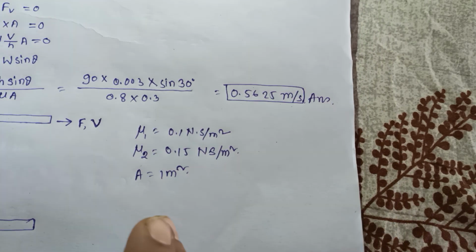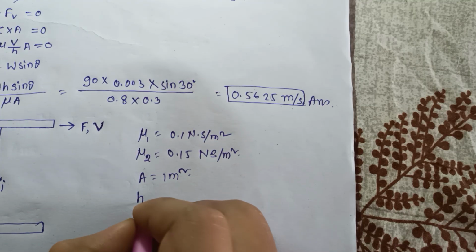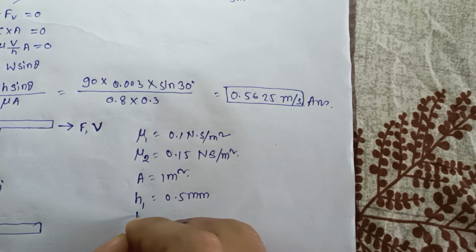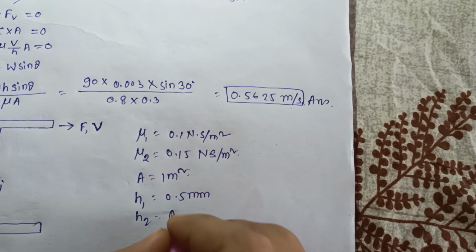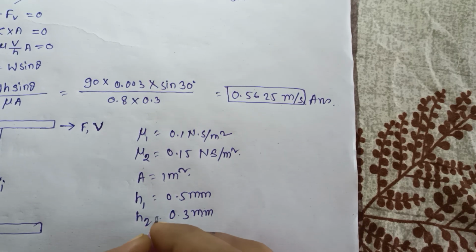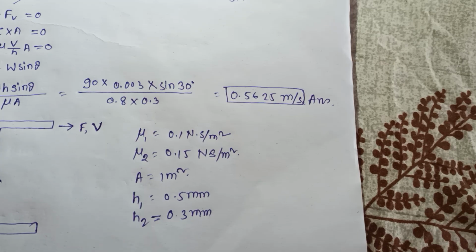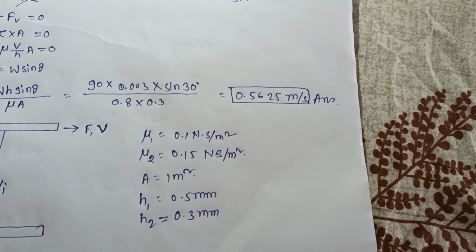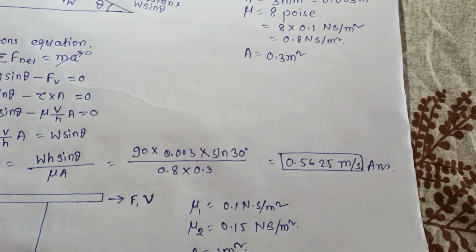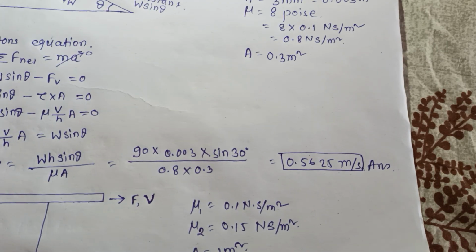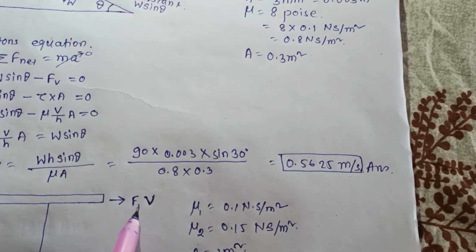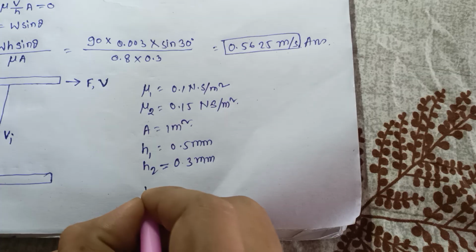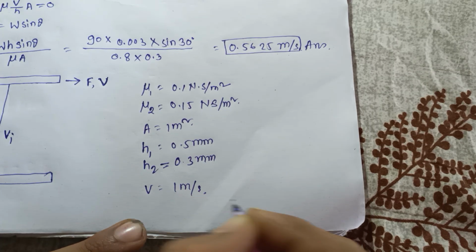and h2 equal to 0.3 mm. The upper plate moves at a speed of 1 meter per second, so V is equal to 1 meter per second.